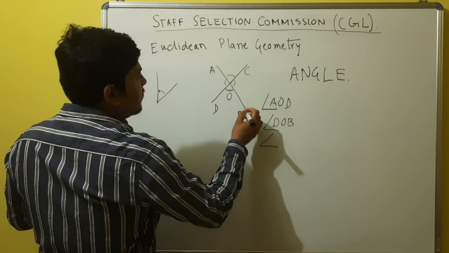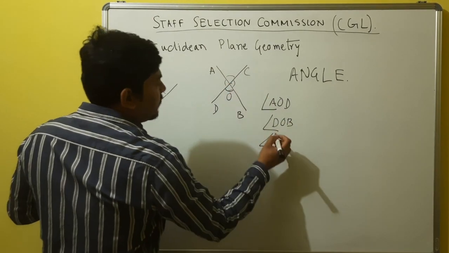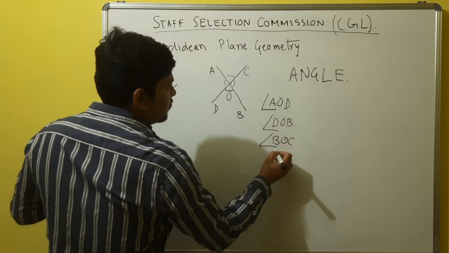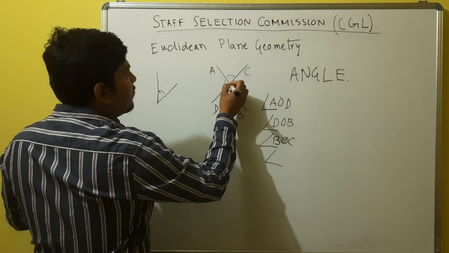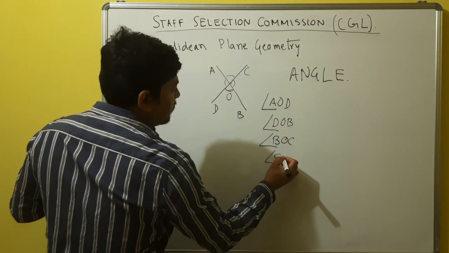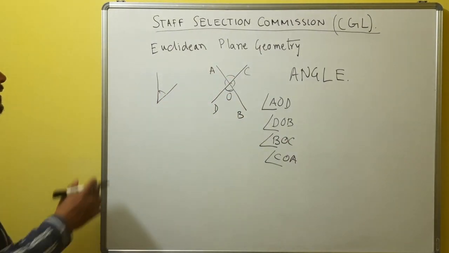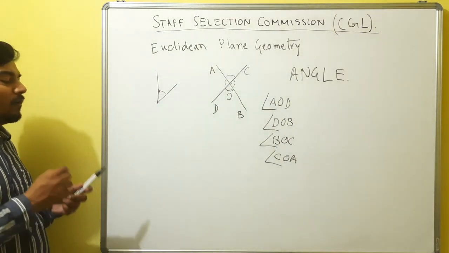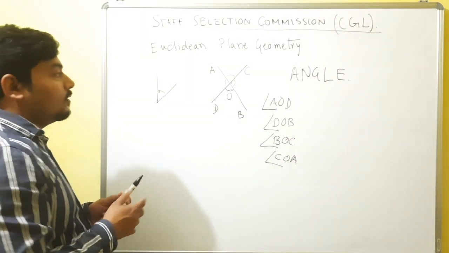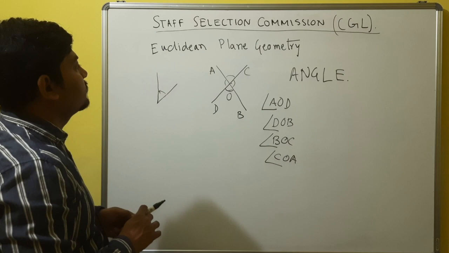What is the other angle? B, O, C. What is the other angle? C, O, D. C, O, sorry, A. So these are the different angles it forms. Okay. So there are different names for angles also. We will come to that.